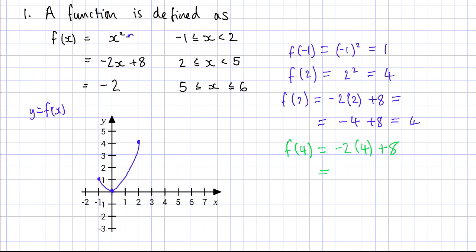That gives me -8 plus 8, which is equal to 0. So when x is 4, my output is 0. So let's plot that. When x is 4, my output is 0, so it's here. Now I know there's going to be a straight line through these points, and it's going to go all the way up to 5, very close to 5, but not quite at 5. So let's just draw that line.